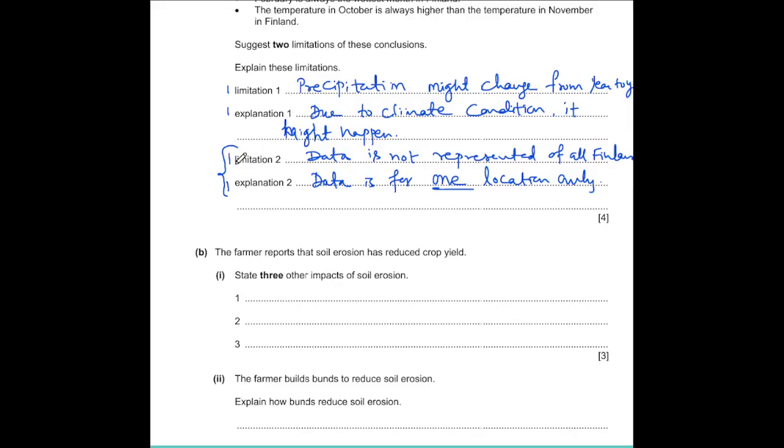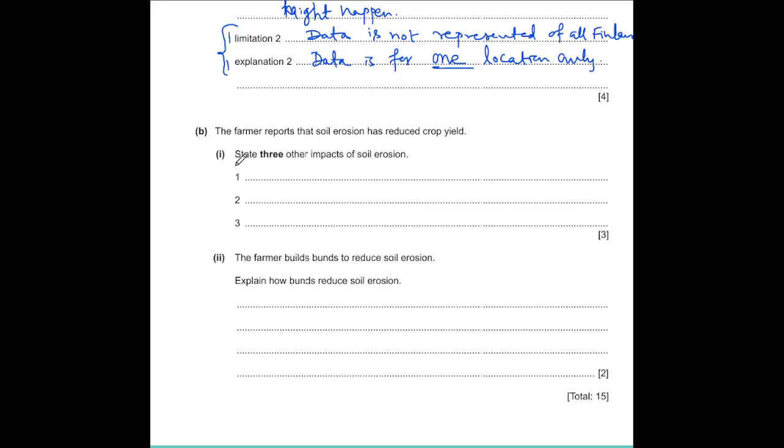Now moving to the next question. The farmer reports that soil erosion has reduced crop yield. Okay, loss of nutrients, that is soil erosion from the top layer of the soil. State 3 other impacts of soil erosion. One is, they have already mentioned, reduced crop yield. What are the other 3 things that the soil erosion can impact? Whenever there is soil erosion, biodiversity is lost.